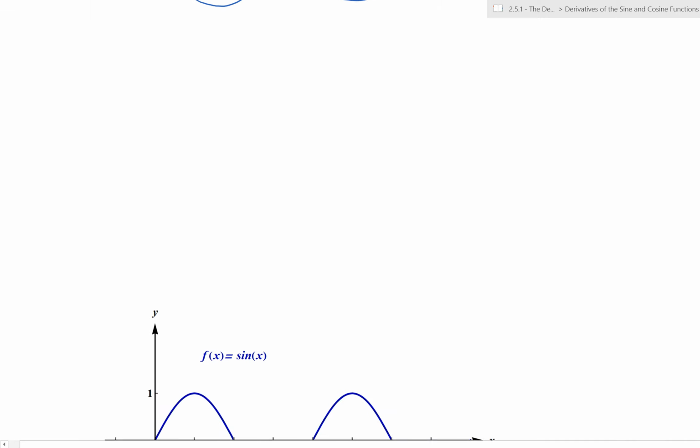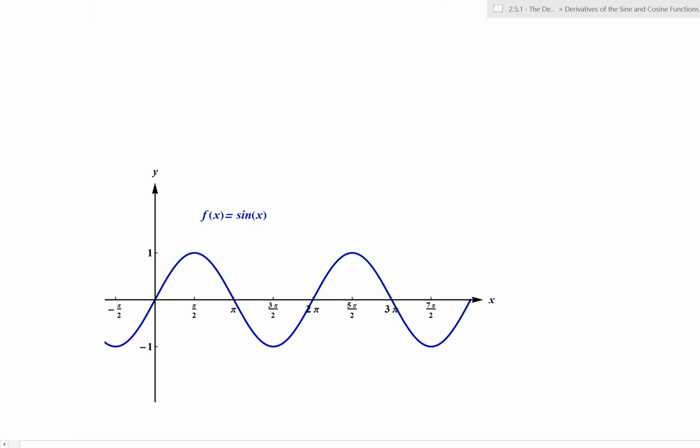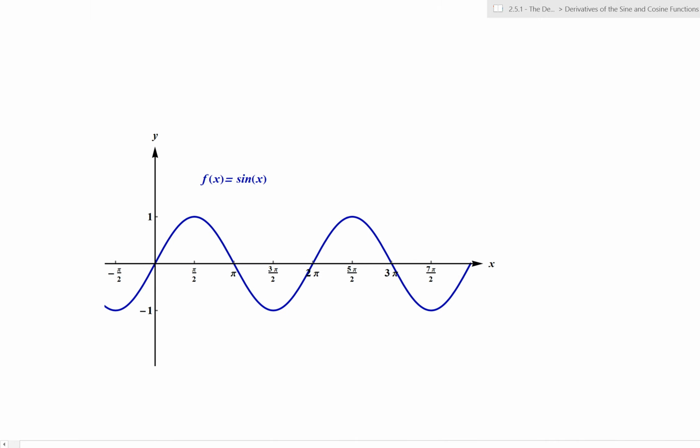Just as a reminder, here is the graph of the sine function. Let's say f of x is sine of x. We see that this function, of course, is nice and continuous. It's nice and smooth.